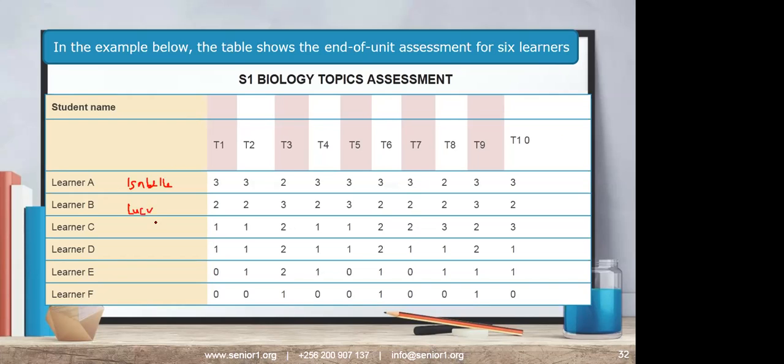So this information I can easily see that topic 1 was maybe the introduction, and then topic 2 was cells. So I gave Isabella 3, that is she understood all the learning outcomes. That's what you must have understood in that topic of cells. For example, you should be able to draw the animal and plant cell.